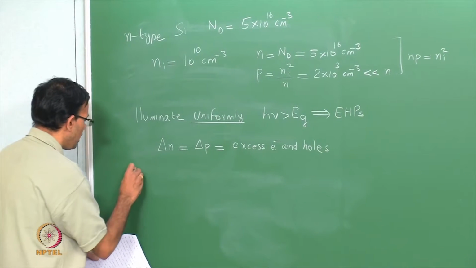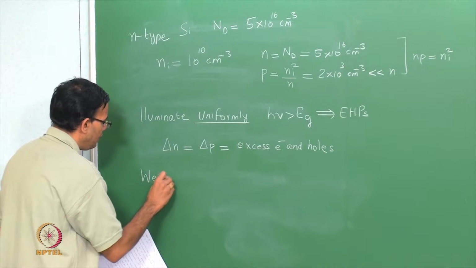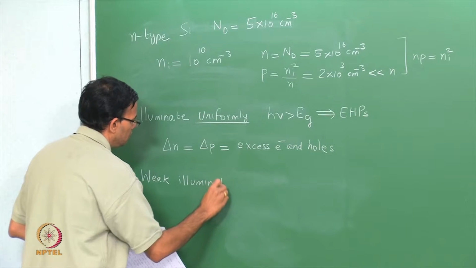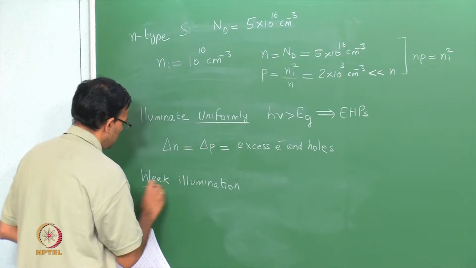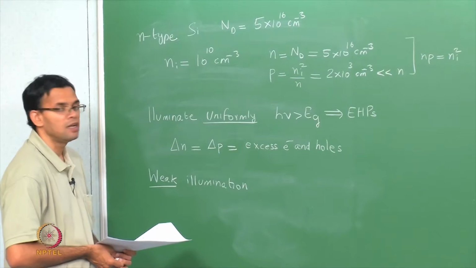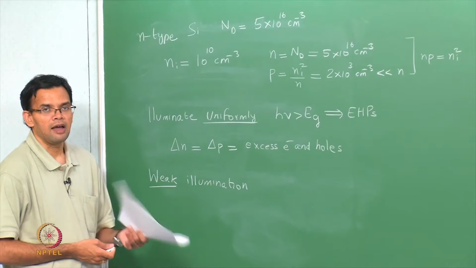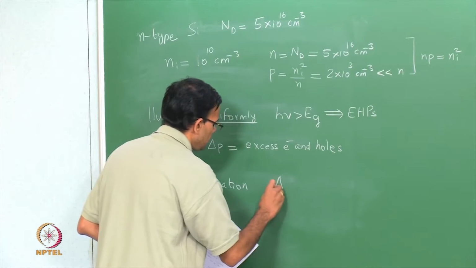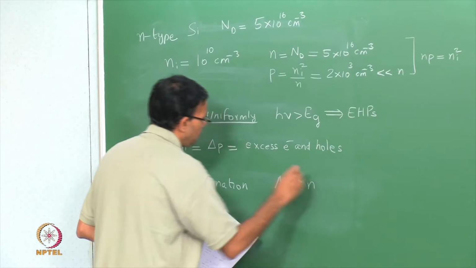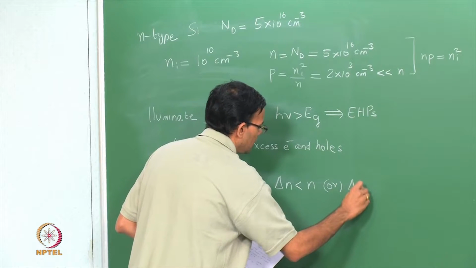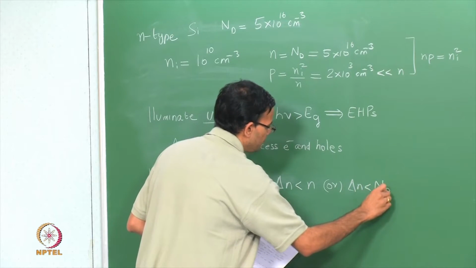We define a condition which we call weak illumination, in which case the excess majority carriers, which is electrons, is less than the carrier concentration in the bulk of the material. So, that delta n is less than n, or delta n is less than Nd.